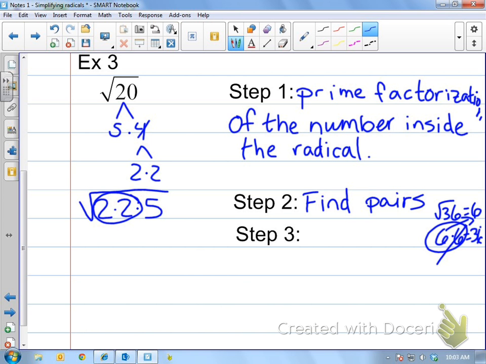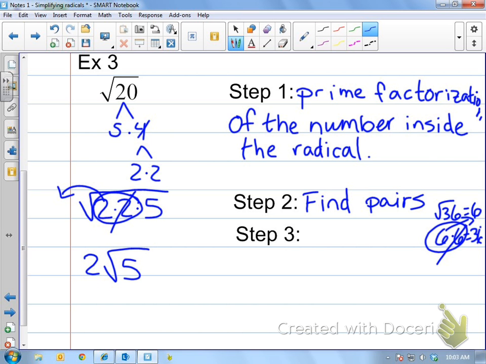We're going to do that same process, but we have an extra number involved, this extra 5. But it's the same idea with the pairs. One of them will move outside to become our answer. One of them is going to go away, because that's what a square root does. When you have a pair, it takes one outside and it gets rid of the other one. But the 5 is left over. It stays inside. It didn't have a pair for that process to happen to.